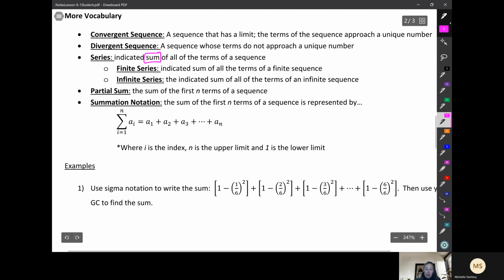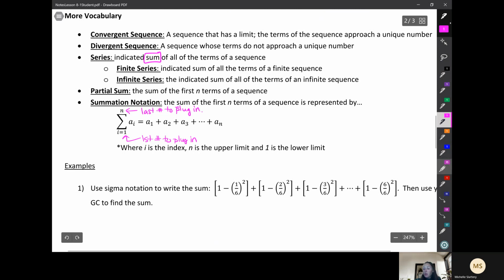So the bottom number is the first number to plug in. This top number, the n, is the last number to plug in. And you add up all of the terms for every single number in between.